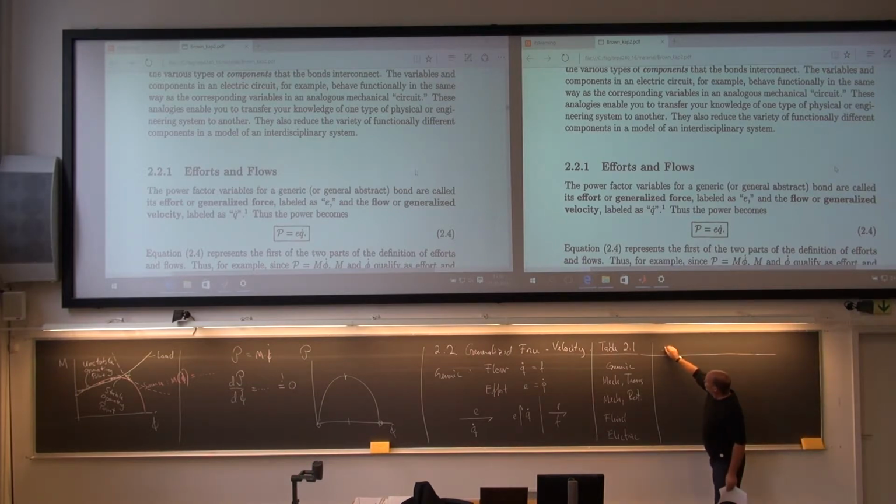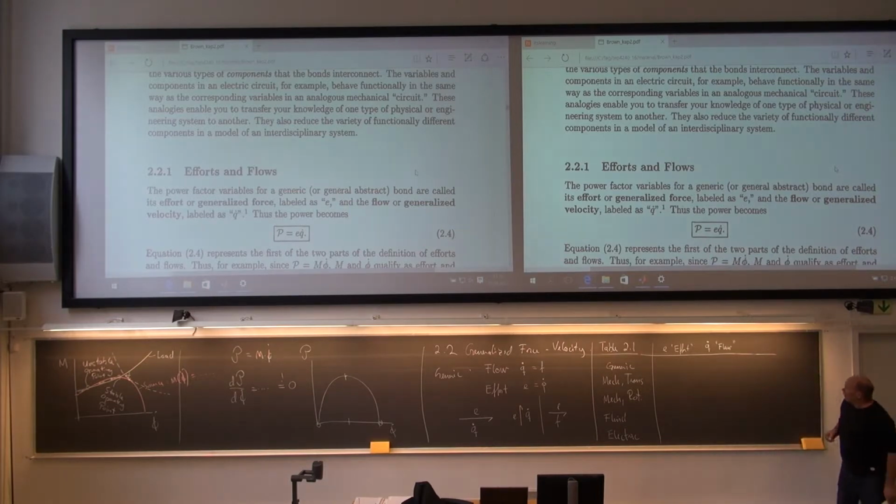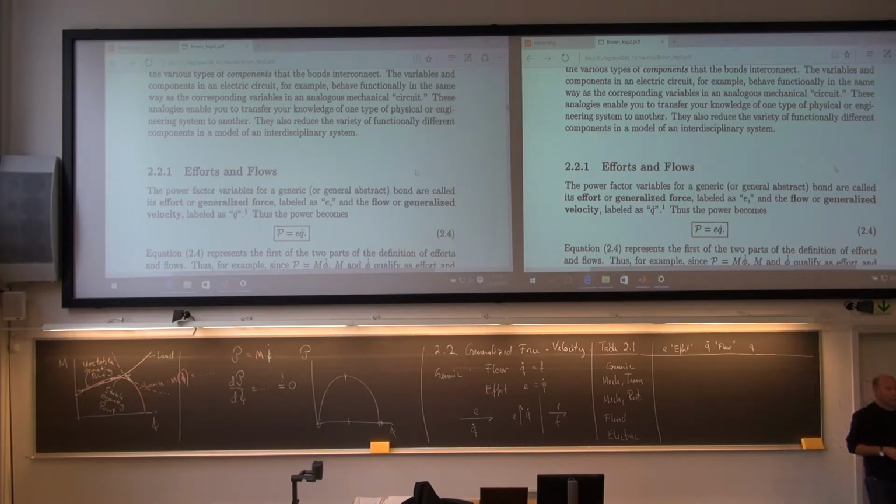Here I want the E for effort. And then I want the Q dot for flow. Then I want not the Q with the dot above, but just Q. Hey, what's that?